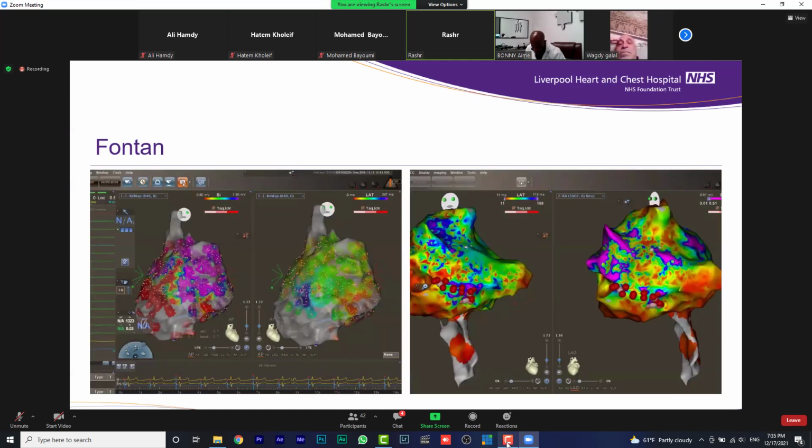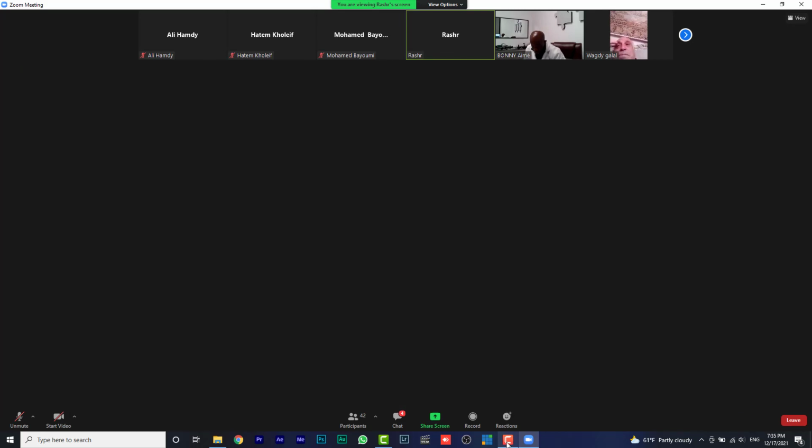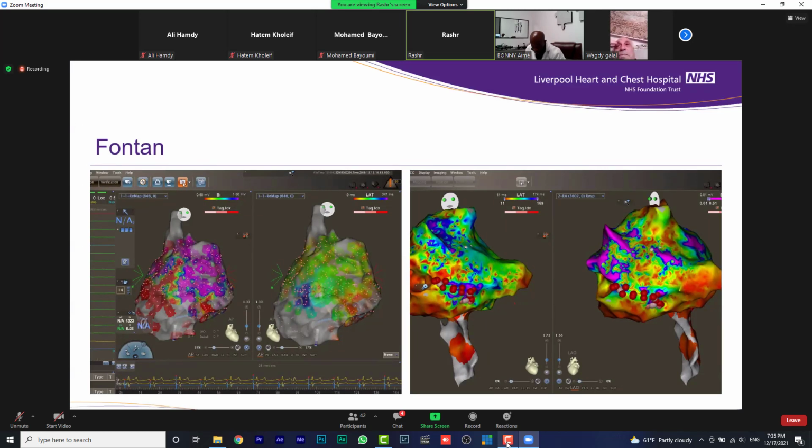I just thought I'd show a few pictures of maps from the atriopulmonary group, just to give you an idea of how scarred some of these atrial masses can be and how big some of them are. I mean, certainly we've had people who've had 500, 600 mil atriums with very slowed conduction and multiple atrial arrhythmias within this. And you can see in the voltage in this map here just how scarred it is.